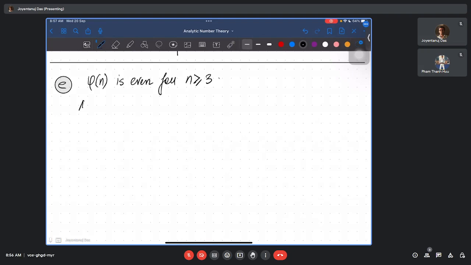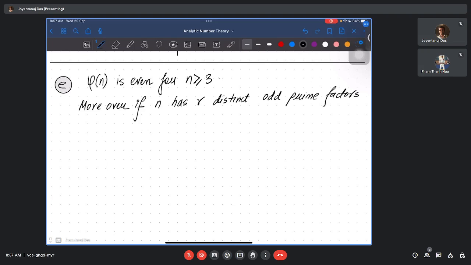Moreover, if n has r distinct odd prime factors, then 2 power r divides phi of n. Okay.